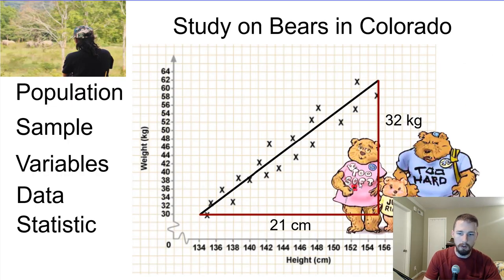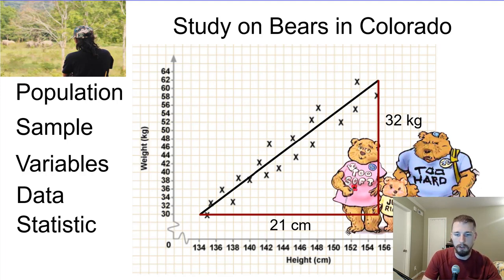All right, so let's say that we wanted to do a study on bears in Colorado. So we wanted to be able to, from afar, estimate the weight of the bear from the height of the bear. And so there's a certain number of bears that we captured, and we weighed them and we measured their heights. So here we have their heights in centimeters and then their weights. And we plotted those out. This is bivariate data because we're talking about two variables and how they relate to each other.